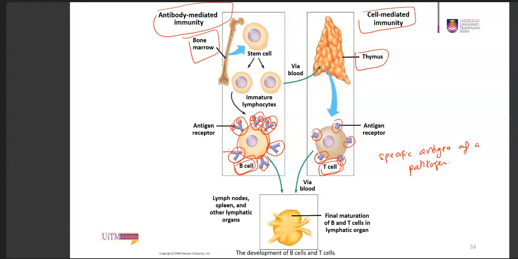So this is what we call the antigen binding site, the antigen binding site on the receptor of the B or T cell.